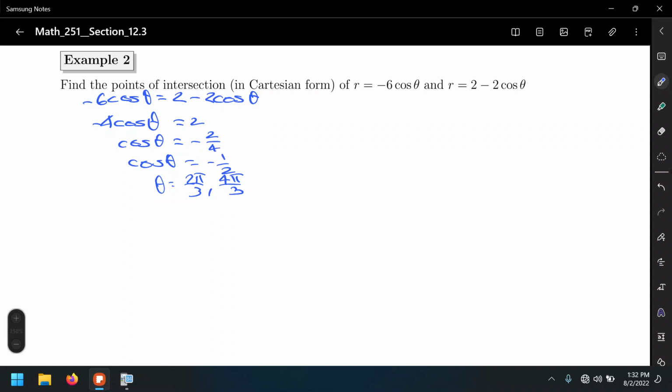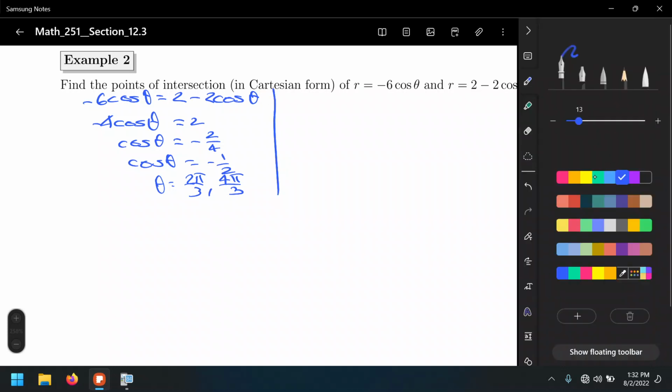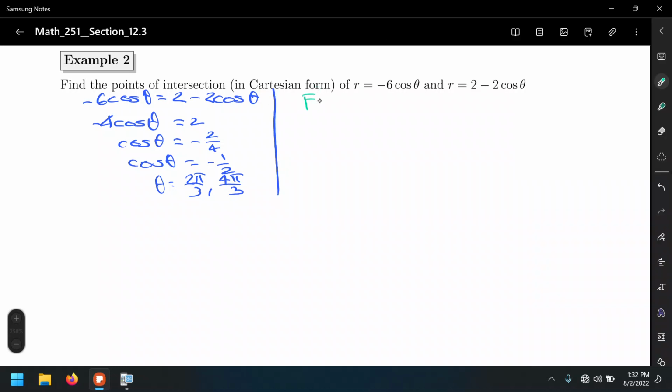All right, so let's see. What are we going to have? So for theta equals 2 pi over 3, we have the angle 2 pi over 3. We need to find out what the radius is. Recall that when you solve a system of equations with two unknowns, with variables x and y, typically we go in alphabetic order.